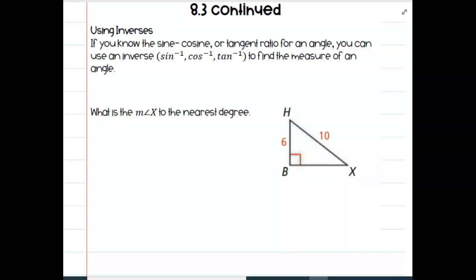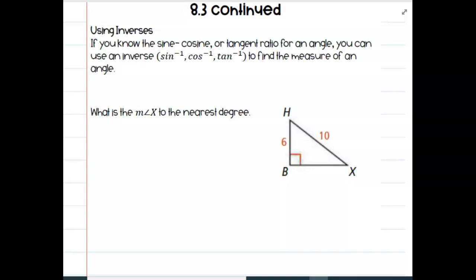So the inverses that we've known up until now: the inverse or opposite of addition is subtraction, the inverse or opposite of division is multiplication. And we could even add that the inverse of squaring a number is the square root of a number. So in math, a lot of things work off of inverses and opposites.